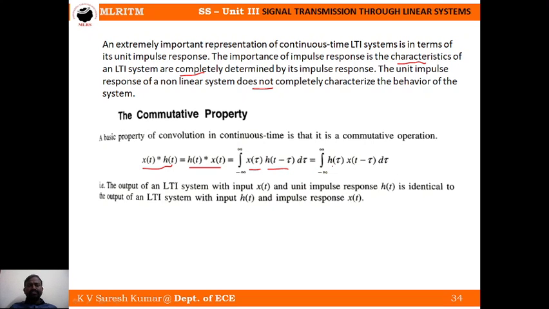Or in the reverse way, for h of t convolution x of t, we can write integral from minus infinity to infinity h of tau into x of t minus tau d tau. That is, the output of an LTI system with input x of t and unit impulse response h of t is identical to the output of an LTI system with input h of t and impulse response x of t.